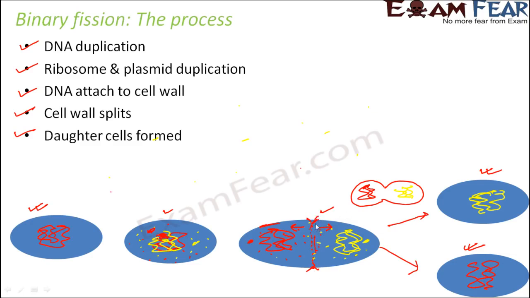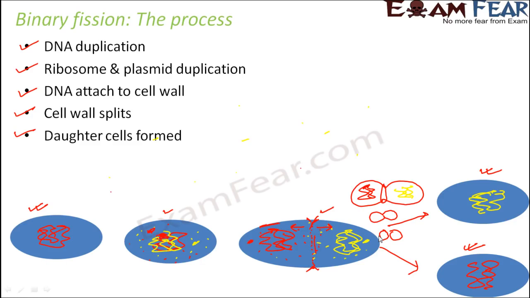Now this is the ring. Now here it is even shorter. Gradually it will become like this and then finally it will get divided. So that is how the division takes place. A ring-like structure is formed at the center because of which a septum is formed, and due to the formation of this septum, finally two daughter cells are produced.